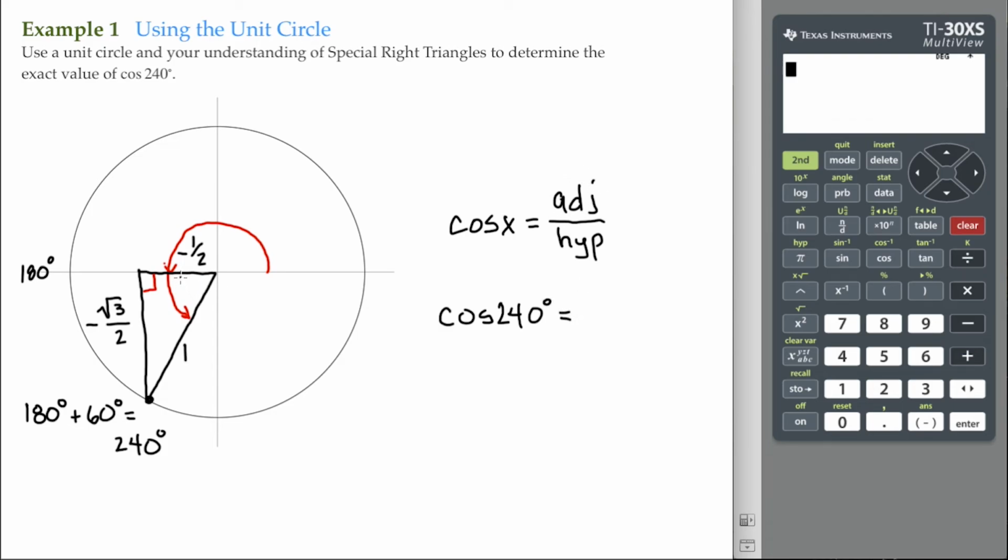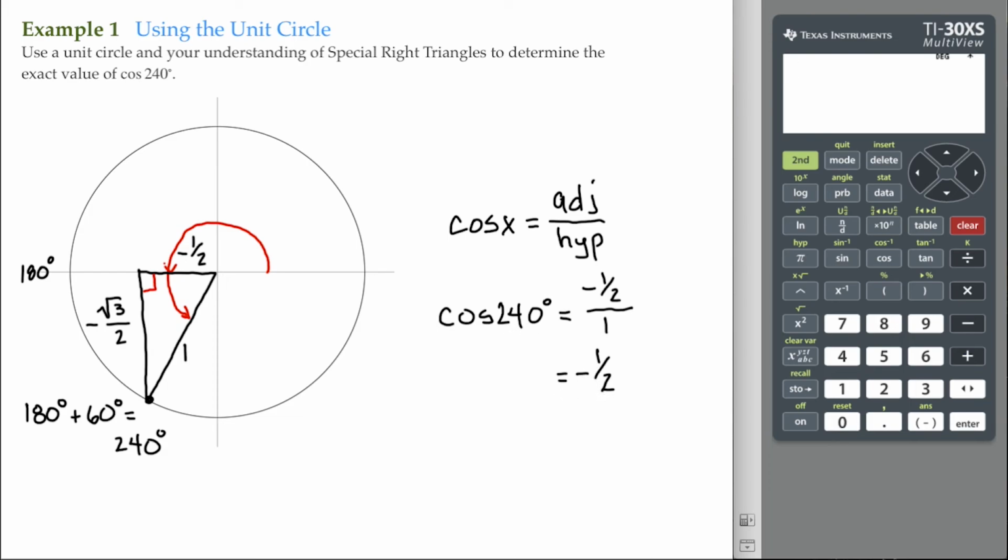The adjacent side is this side right here. That's negative 1/2 over the hypotenuse, which is 1. Negative 1/2 divided by 1 is negative 1/2. So we wind up using our unit circle and our understanding of special right triangles to help us determine the cosine of 240 degrees. And the cosine of 240 degrees is equal to negative 1/2.